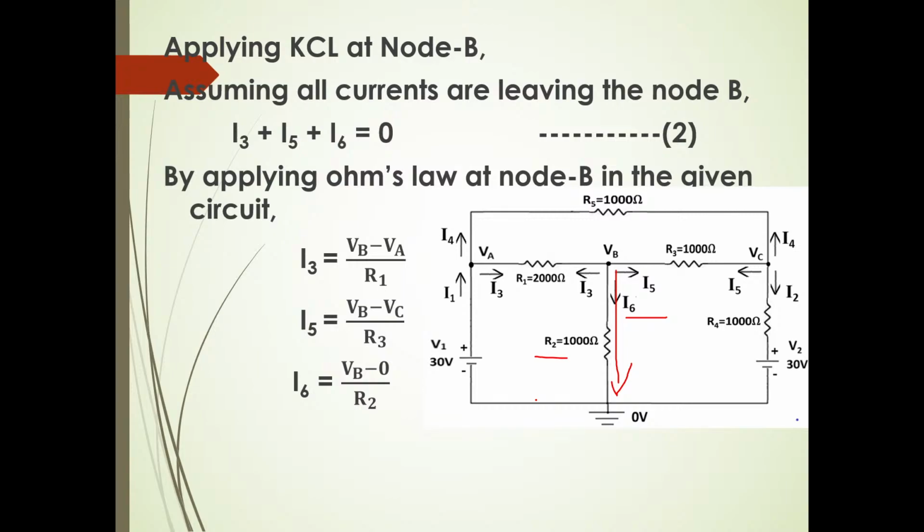So what is the voltage difference across R2? One terminal voltage is VB, another terminal voltage is reference voltage. What is reference voltage? 0 volts. So where did the current start? From VB. Therefore I6 is VB minus 0 divided by R2.